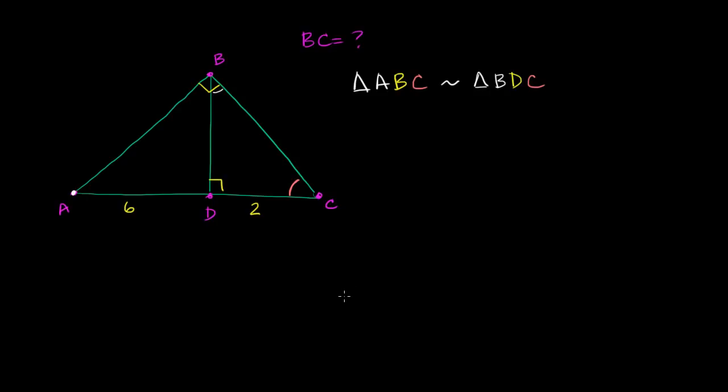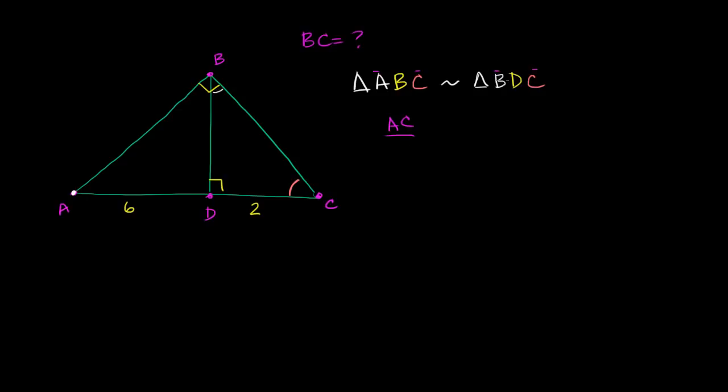And now that we know that they are similar, we can attempt to take ratios between the sides. And so let's think about it. We know what the length of AC is. AC is going to be equal to 8, 6 plus 2. So what's the corresponding side on this triangle right over here? You can literally look at the letters. A and C is going to correspond to BC.